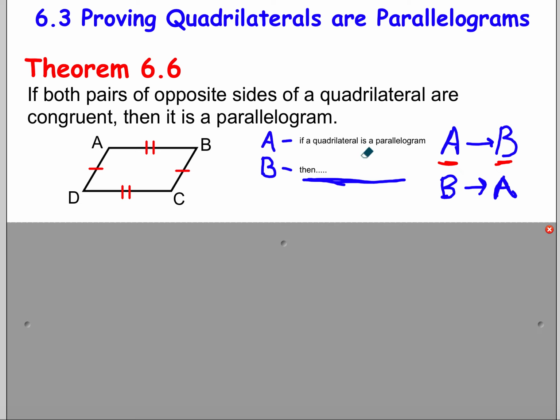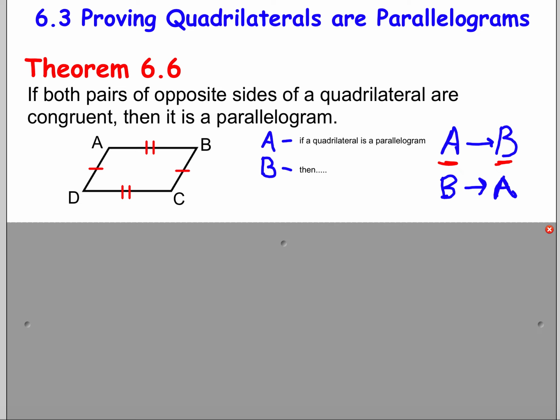Okay, so we're using these qualities that we know to be true about parallelograms to prove whether or not something is a parallelogram. So there's not really much to this lesson. We're just learning all the same rules that we did last time.